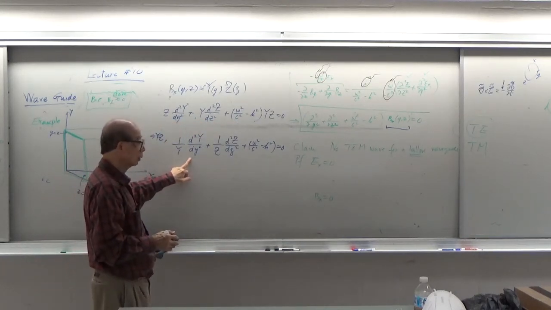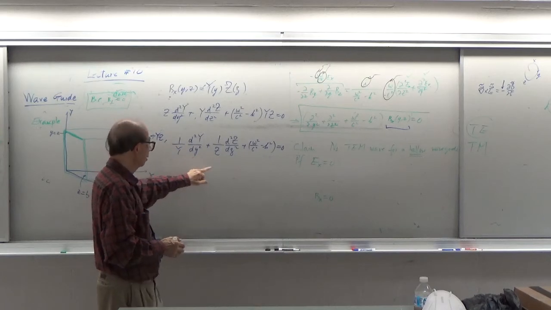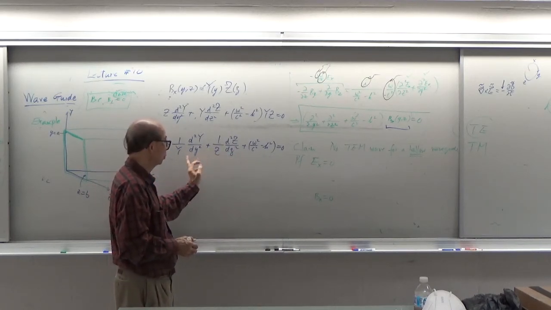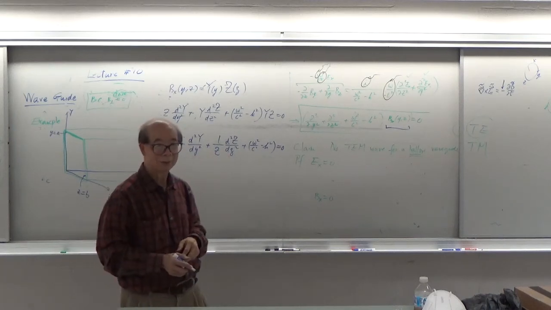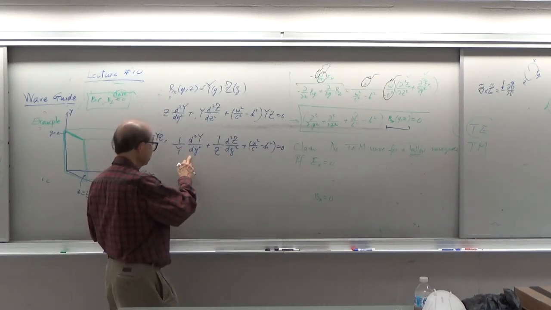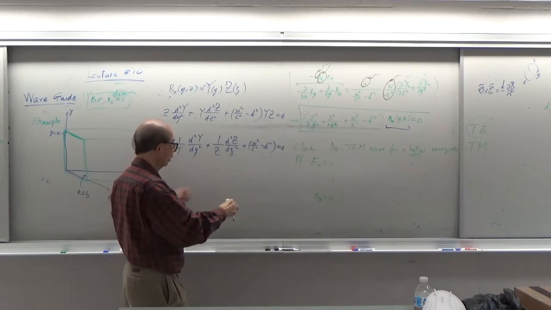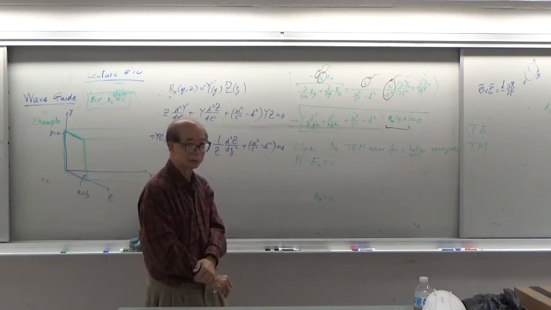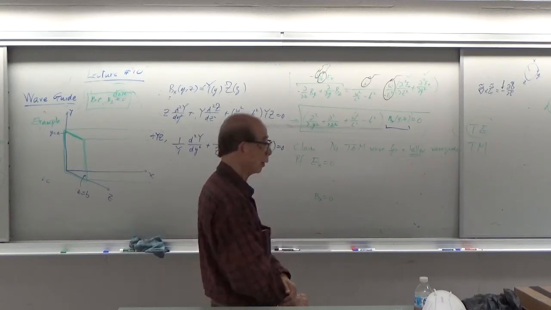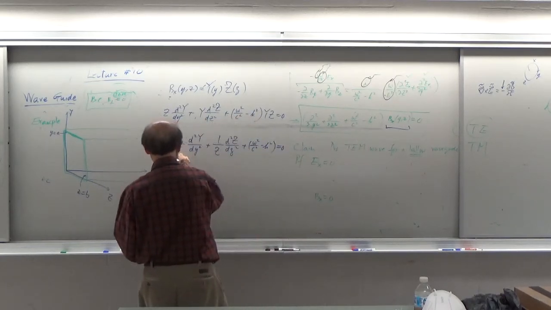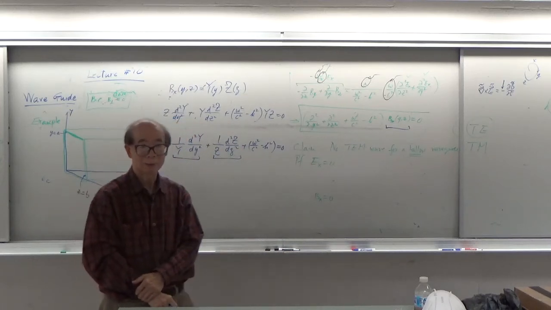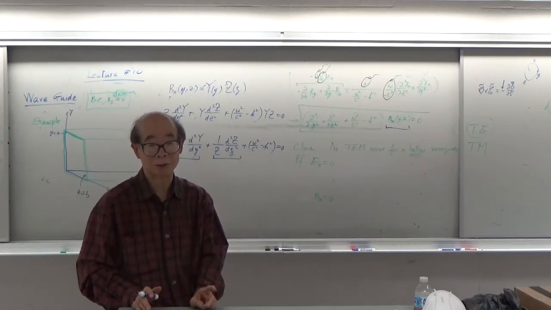This term can only depend upon y coordinates, and this term can only depend upon z coordinates. And that's true for arbitrary y and z. How can it be possible? This depends on y, this depends on z. How can things add up to be such that that's true? The only way that can be true is that this term, as well as this term, are in fact constant.